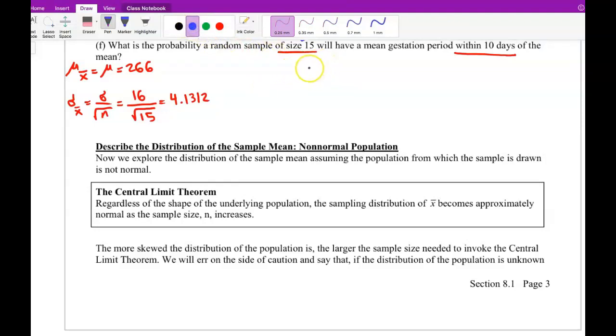Okay, now we need to find the probability that x bar is between two values. Here we have within 10 days of the mean.